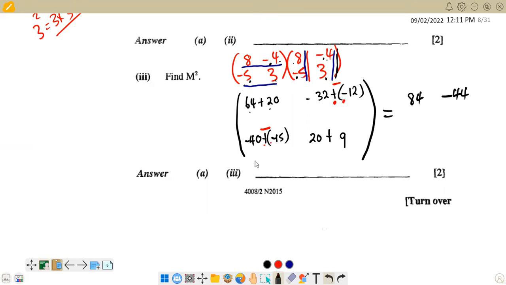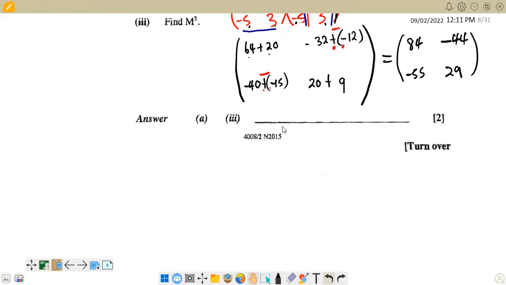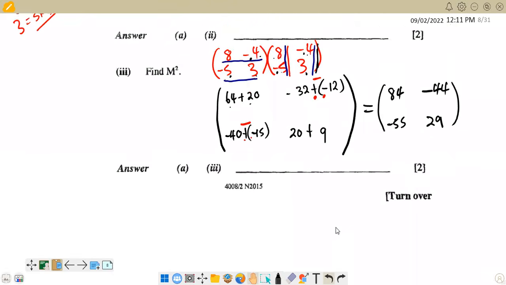So -40 - 15 is -55. 20 plus 9 is just 29. So as you can see, guys, it's actually direct from this concept. It's m squared. All right, so that was the last part of the question.